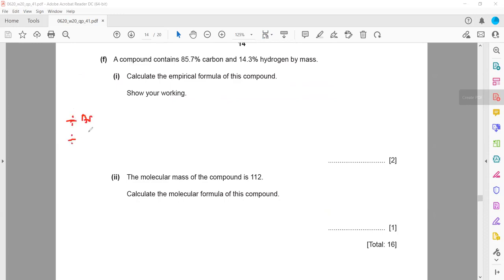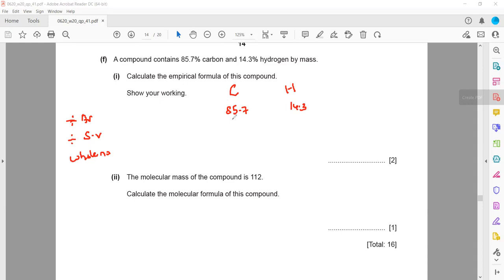Step 2 is divide by the smallest value, and step 3 is make the simplest ratio in whole numbers. In the question, carbon is given as 85.7 and hydrogen is 14.3.